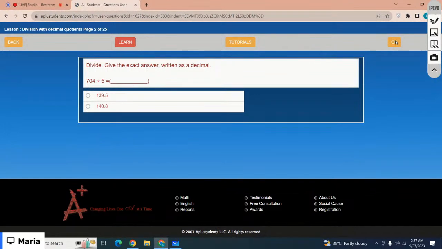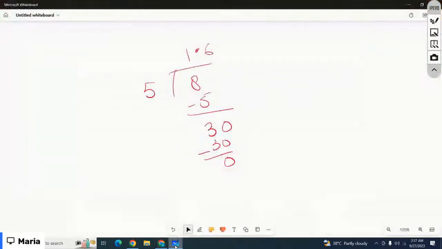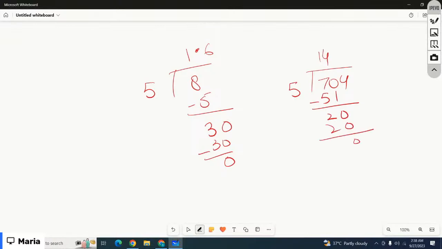Okay, the next one is 704 divided by 5. Let's just divide. 704 divided by 5. 5 times 1 is 5. 5 times 4 is 20. Bring 4 down. And you cannot divide, so just put a decimal point over here and 0.